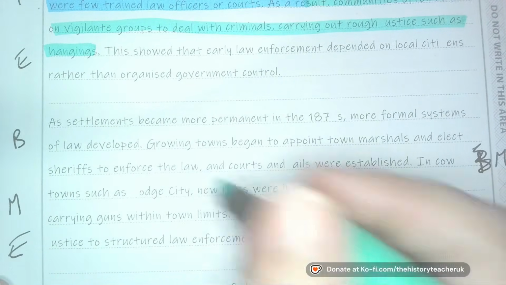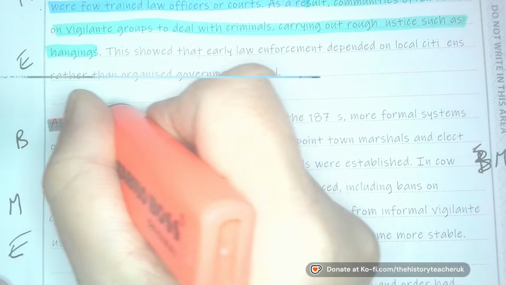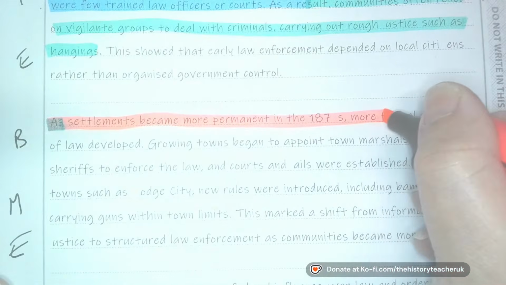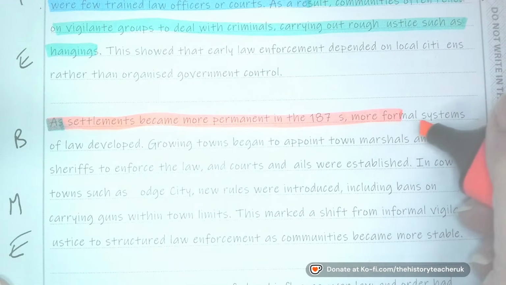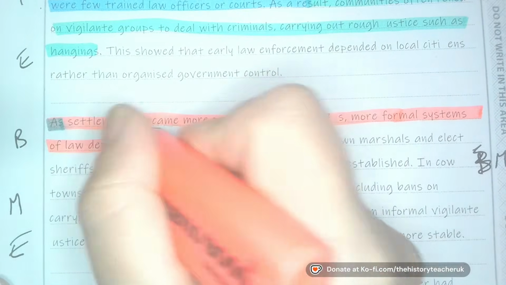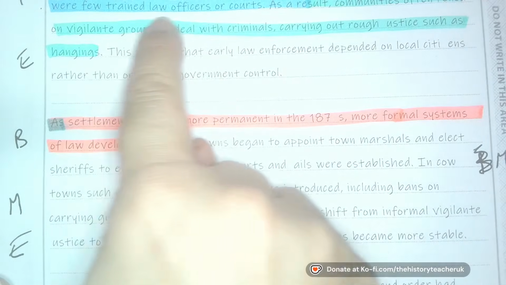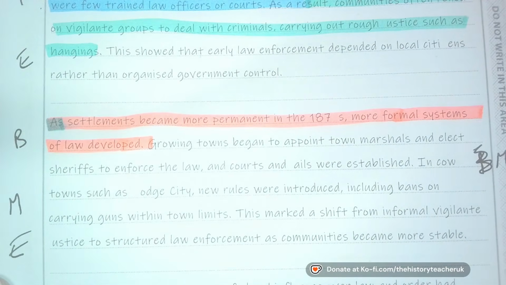Well, towns are beginning to become more permanent. So as settlements become more permanent in the 1870s, more formal systems of law develop, because towns are becoming more permanent, as we saw in the previous paragraph.